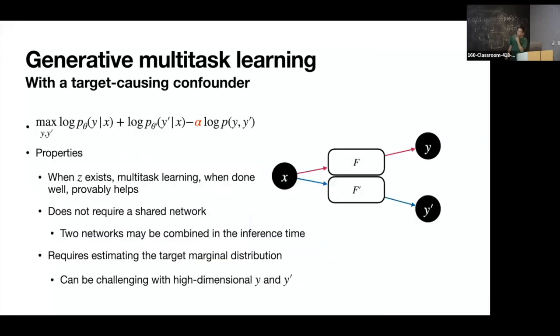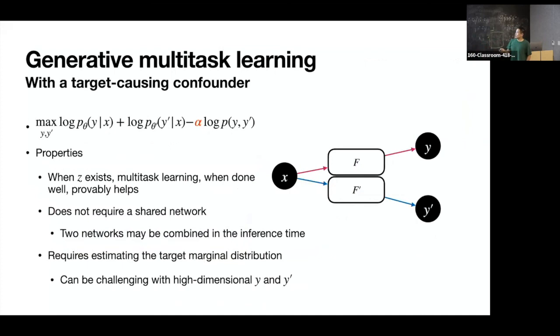And one really interesting thing is that it goes completely against what everyone has been presuming with multitask learning: in this setup, there's absolutely no reason why we have to use a single neural net to predict Y and Y prime. We can have just two separate neural networks, trained independently of each other, to map from X to Y and from X to Y prime. That's perfectly fine.